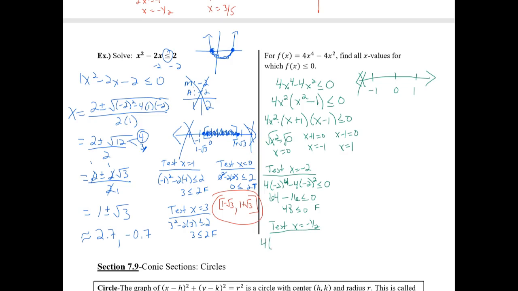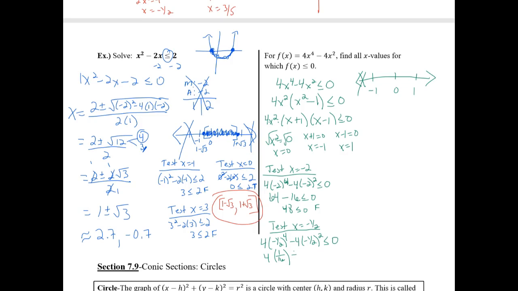So replacing x with negative 1/2: 4 times negative 1/2 to the fourth minus 4 times negative 1/2 squared. Is that less than or equal to 0? Negative 1/2 to the fourth will be positive. 1 to the fourth is 1, and 2 to the fourth is 16.